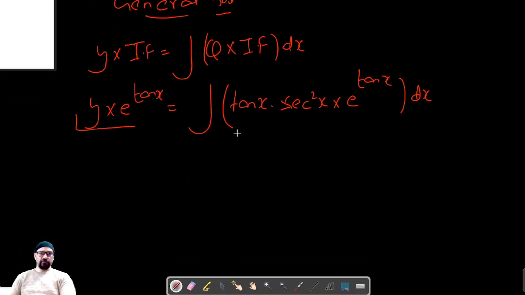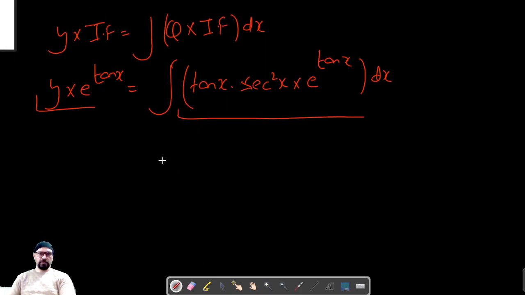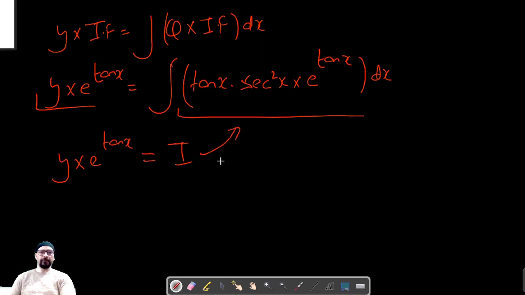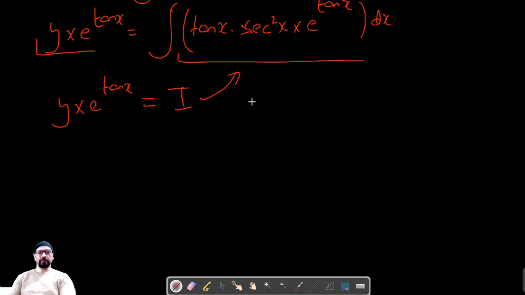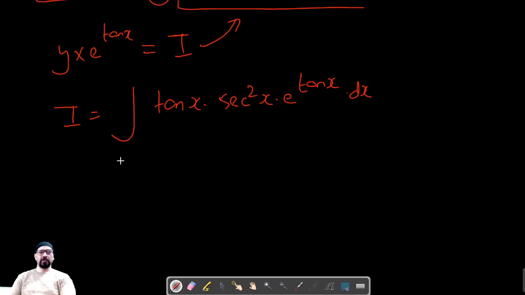Let's focus on this integration, and here we can substitute tan x. Let's say y times e raised to the power tan x is equal to I. So let's try to integrate it. I is equal to the integration of tan x times sec²x times e raised to the power tan x dx.